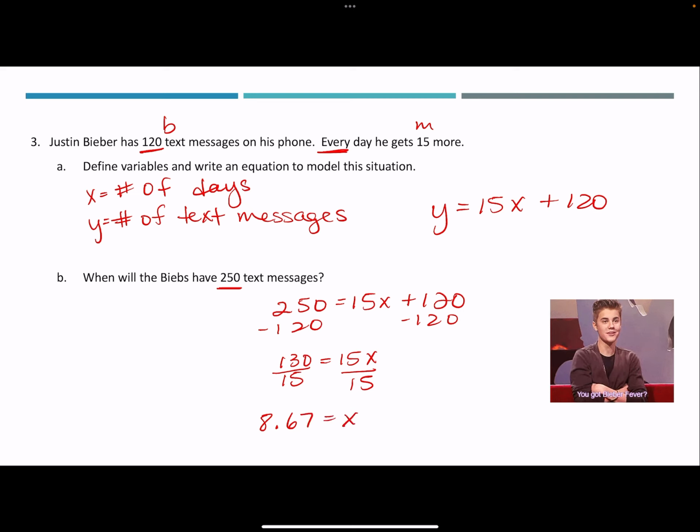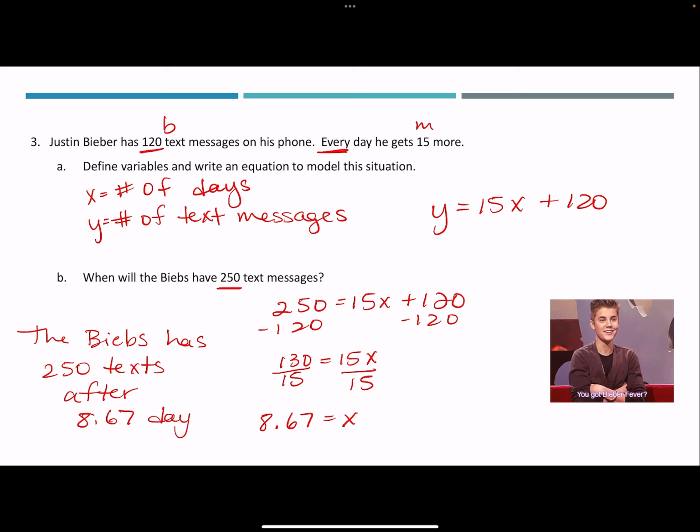And that's okay. It's a number of days. Days don't have to be whole numbers, you know. I could get text for 1.5 days, right? So the Beebs has 250 texts after 8.67 days. So that's your answer to that one.